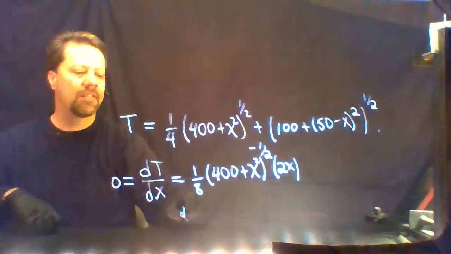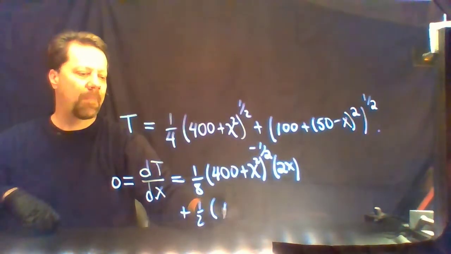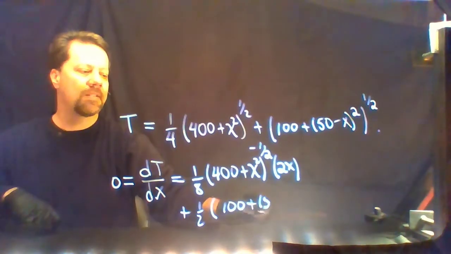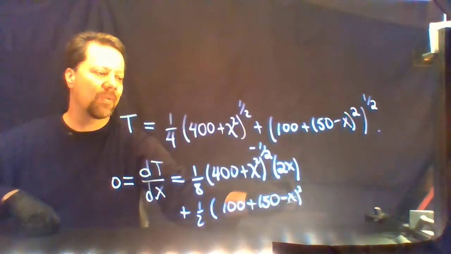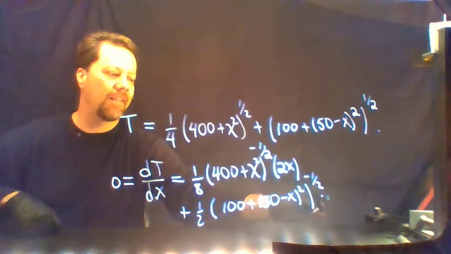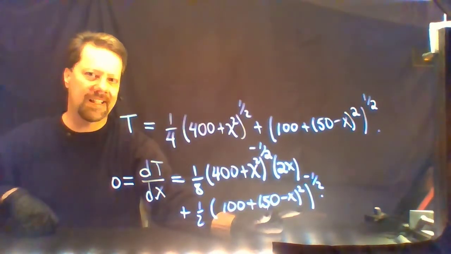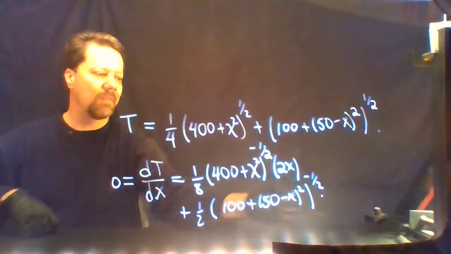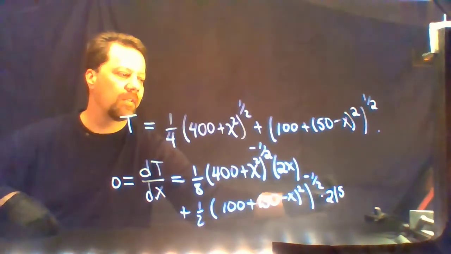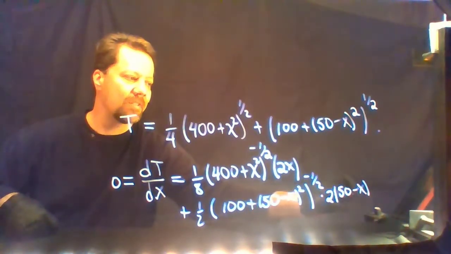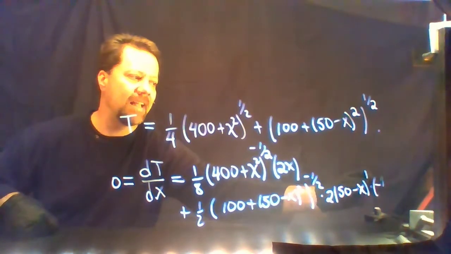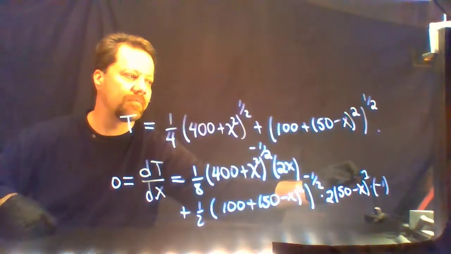Similarly over here, 1/2, 100 plus 50 minus x quantity squared to the negative 1/2, and then the derivative of the inside. That's going to be twice 50 minus x to the power 1, and then times a negative 1 after that.